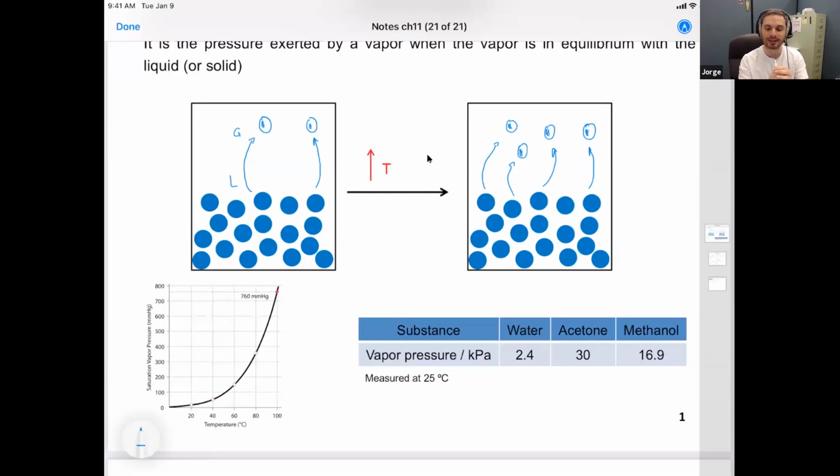And again, that's a reflection of the intermolecular interactions, because each molecule, to escape the liquid state, has to overcome the intermolecular interactions. The more intense the interactions, the lower the probability to escape the liquid and move on to the gas phase. So that's why water has the lowest vapor pressure, followed by methanol, followed by acetone. Okay.